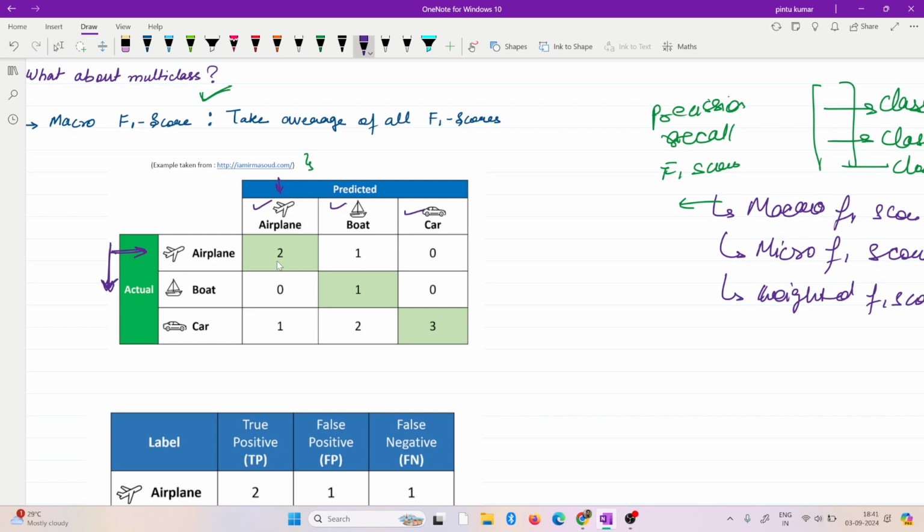We have three classes and these values have been calculated. Aeroplane being predicted as aeroplane is 2, and aeroplane being predicted as boat is 1.